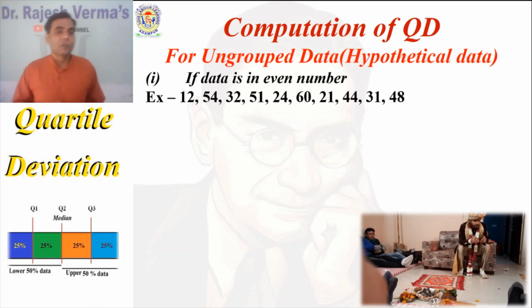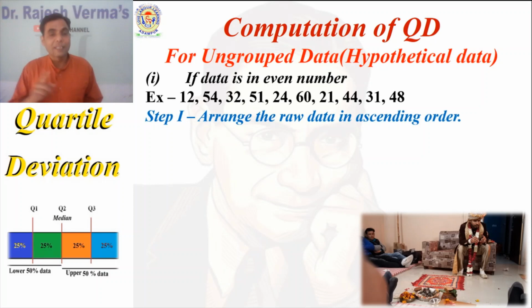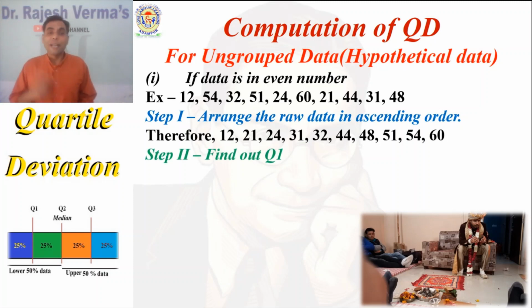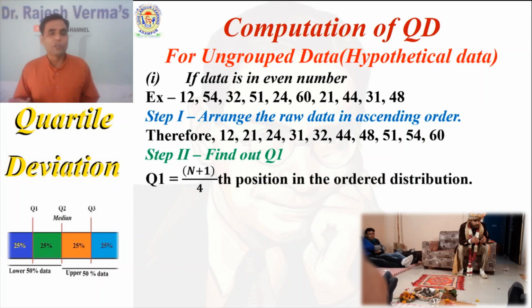This time we have 10 values. The first step is to arrange this raw data in ascending order. See, I have arranged it for you. Getting my points? Now, step 2, find the Q1. It is the same case: n plus 1 divided by 4 is the position in the order distribution.